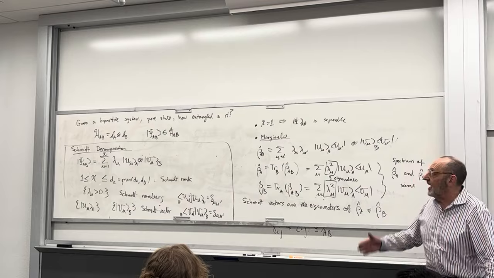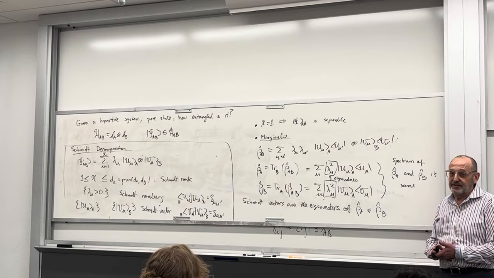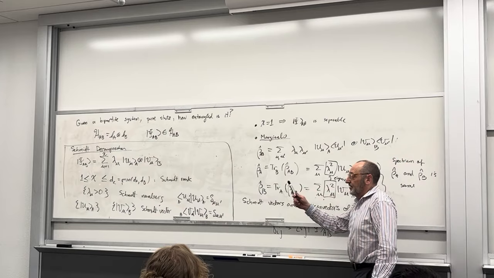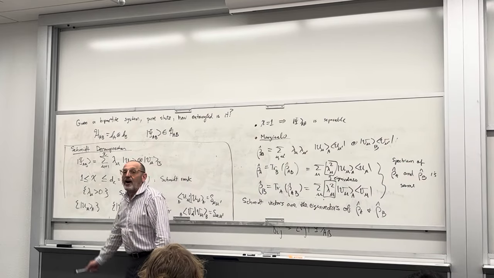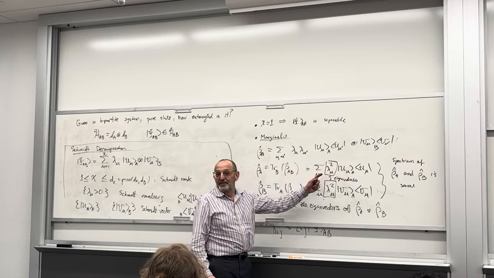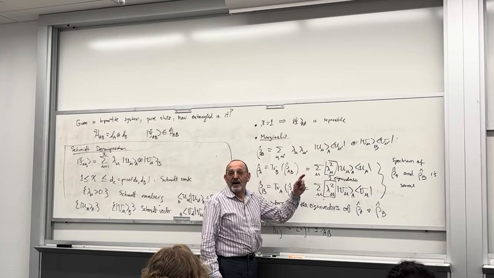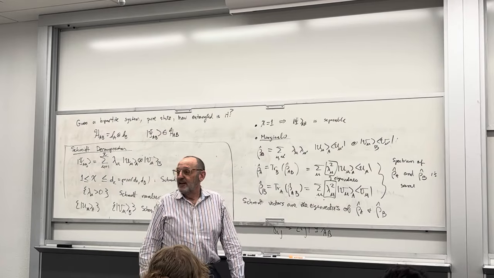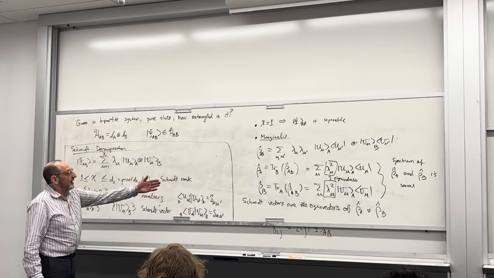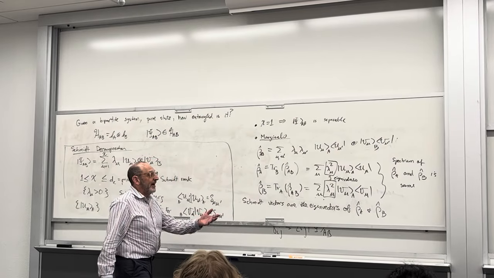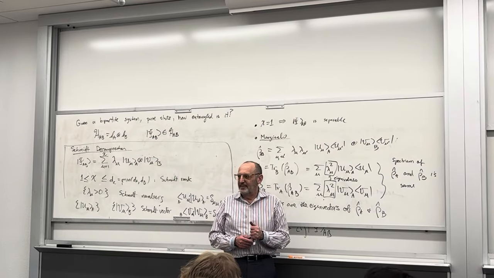When I do that, I get the eigenvalues and eigenvectors. I could say that the Schmidt numbers are the positive square roots of the eigenvalues of the marginal states, or the reduced density operators, and the Schmidt vectors are the eigenvectors.